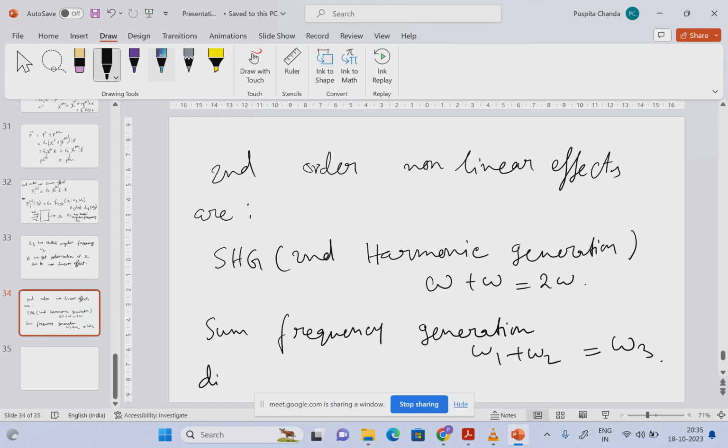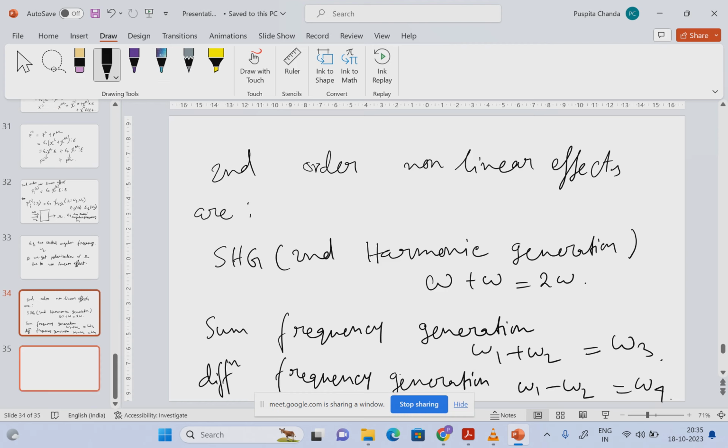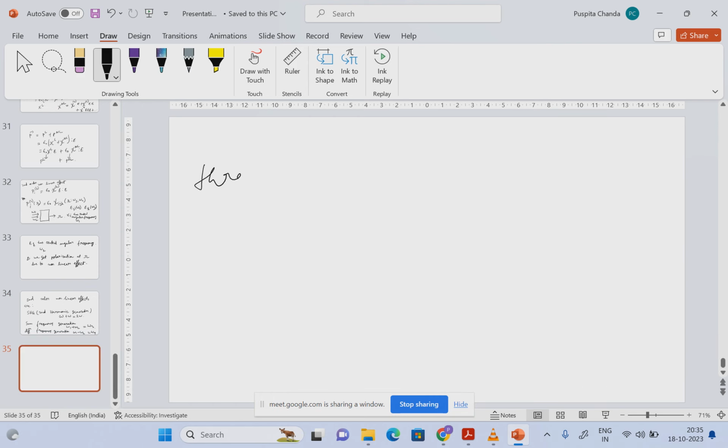Then difference frequency generation, which is omega 1 minus omega 2, we get some omega 4. Mixing. So this is also called second order.